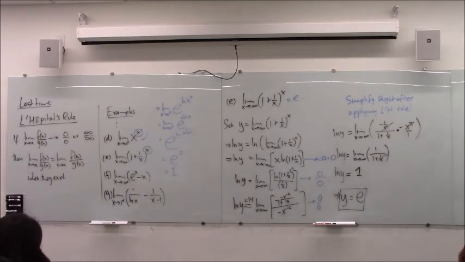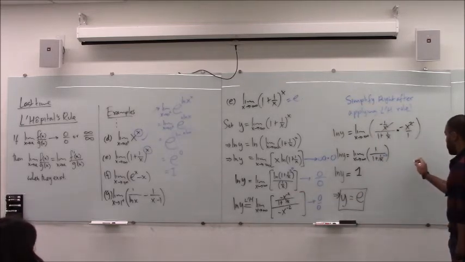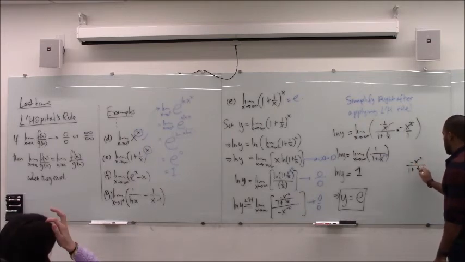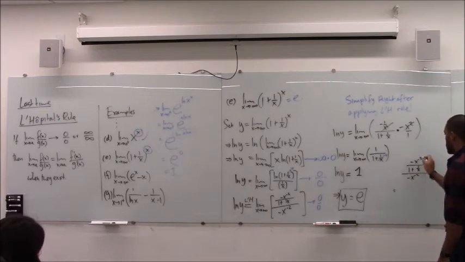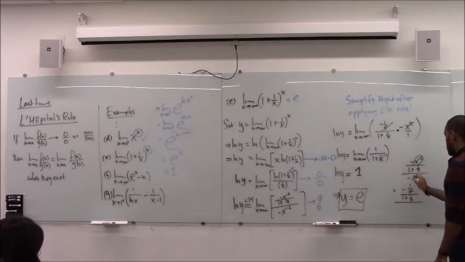Yes? Could you just explain the algebra of multiplying that by the negative x squared over 1? Oh, because moving from here, right? So if I have this, what I do is this x to the minus 2, I instead write it as 1 over x squared. The same thing down here, I instead write it as 1 over x squared.